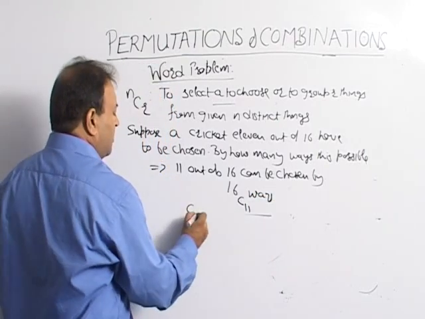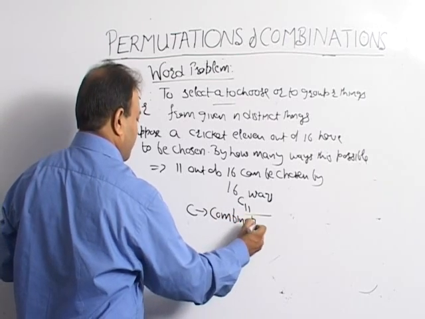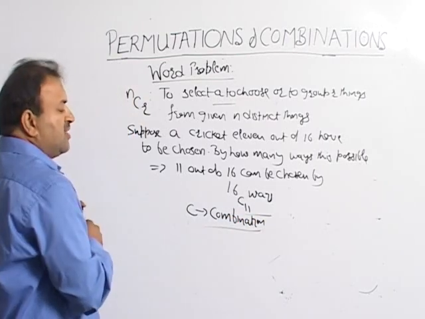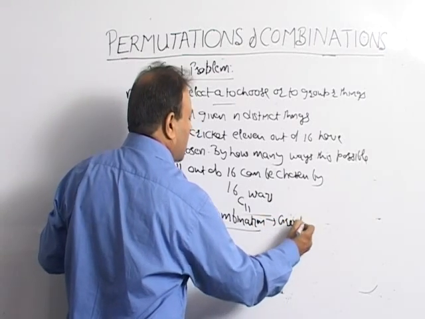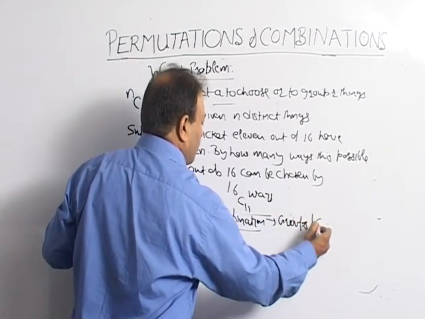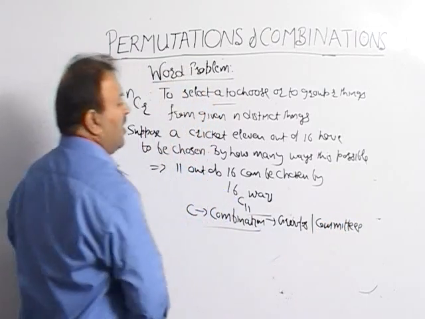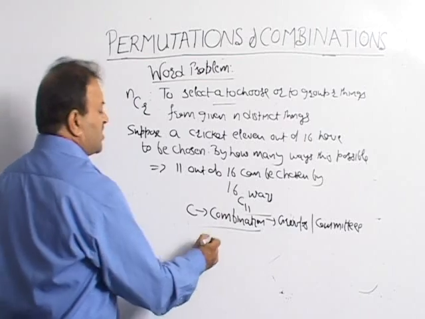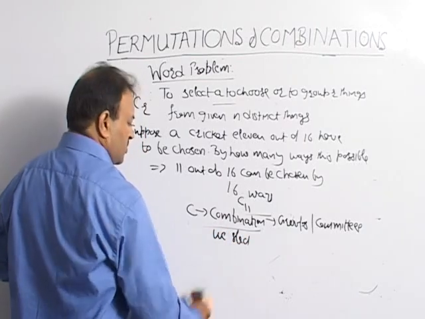Clearly, C means combination over here. We make groups. We make committees. Ultimately, we can say we select or we choose.